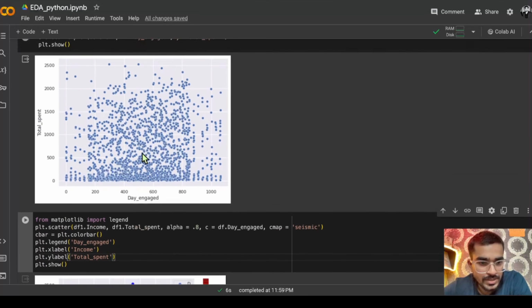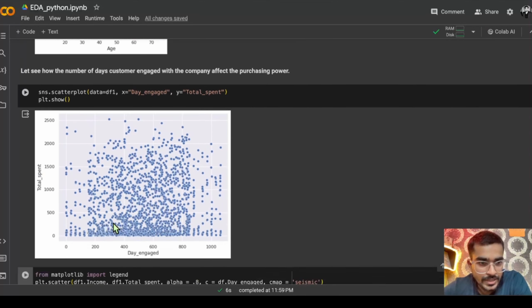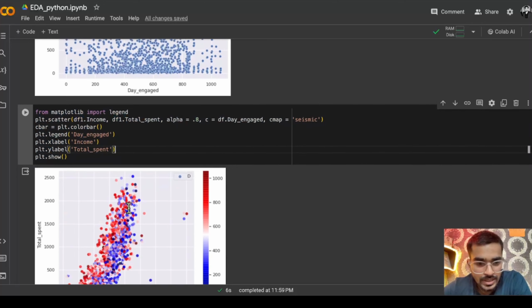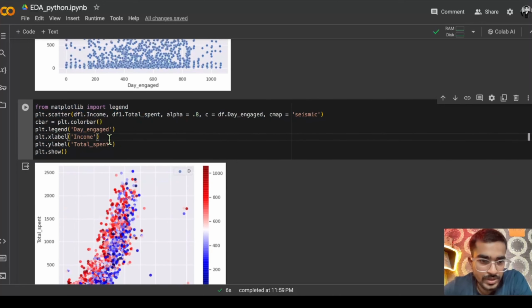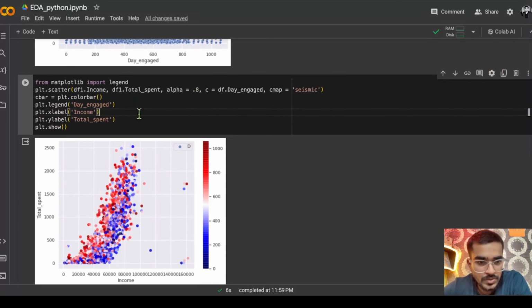Now one thing I will say, whatever graphs, charts and scatter plots I have made, you might be confused about the syntax, how this has been generated. So I would say that it is not necessary to remember all the syntaxes of generating the graphs. You can just have an idea of what kind of graph you actually want, and then you can search on Google.